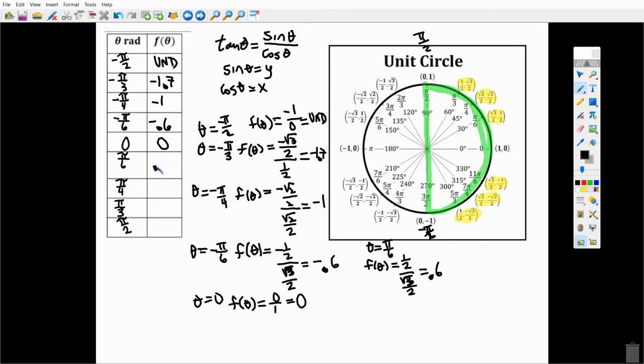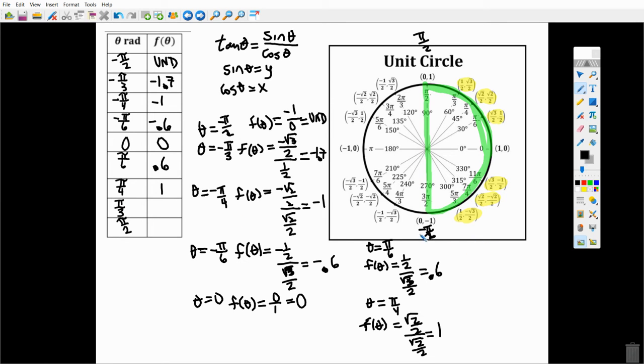And you're going to notice that you get a symmetry, only that this is negative and these are going to be positive. So for theta equals pi over 4, f of theta equals radical 2 over 2 divided by radical 2 over 2, because that's what x and y is. So the y value divided by the x value is going to be 1.